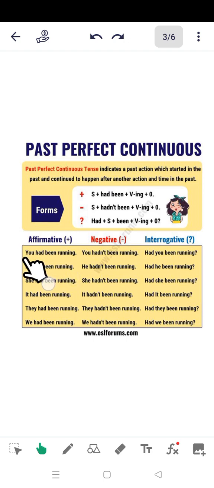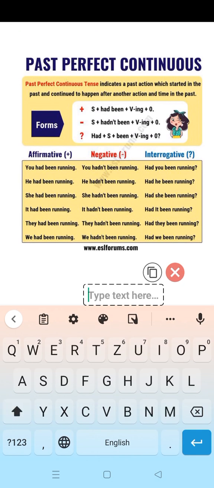Affirmative example: you had been running. The negative: you hadn't been running. What about the question? Had you been running? How to answer this question? Yes, I had been running, or no, I hadn't been running. Let me just write them.